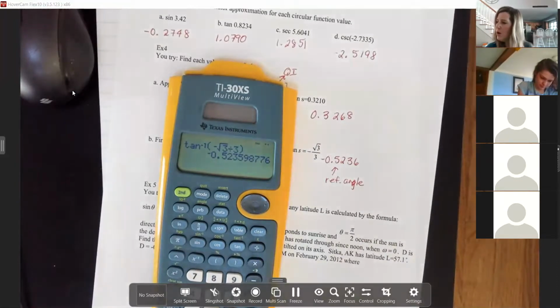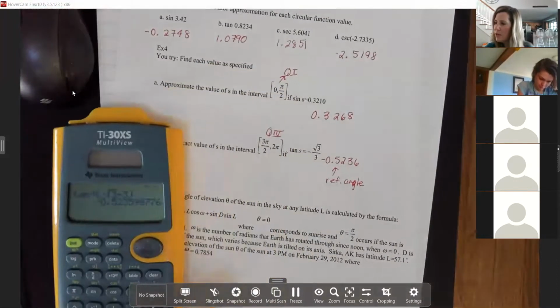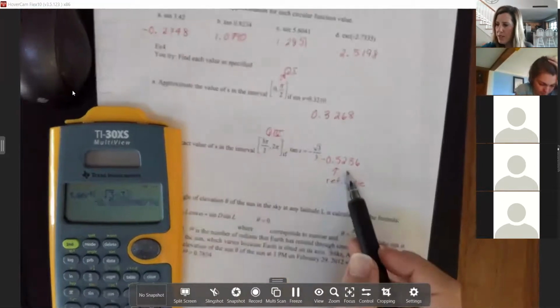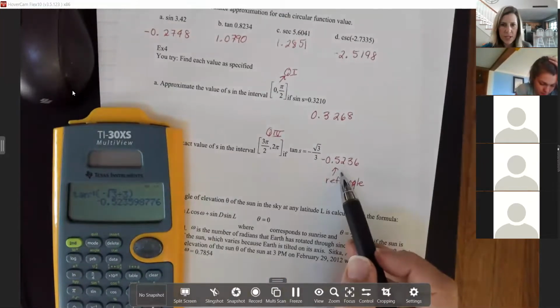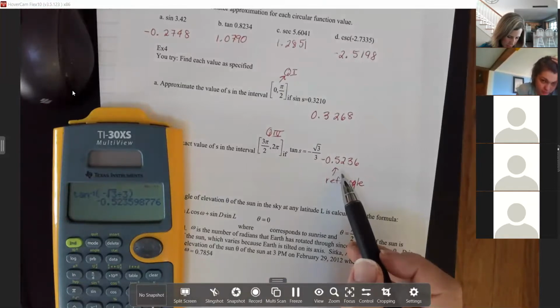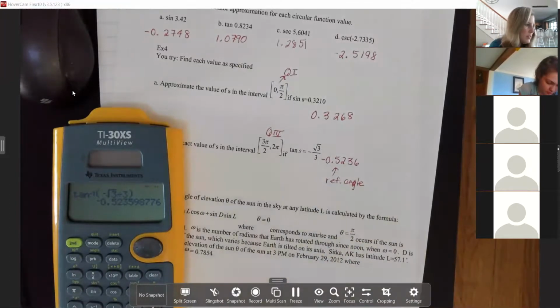So we said we're in quadrant 4. So this is the reference angle that we are using.